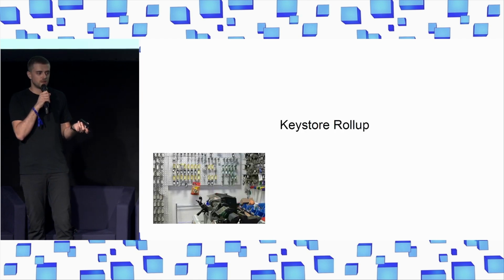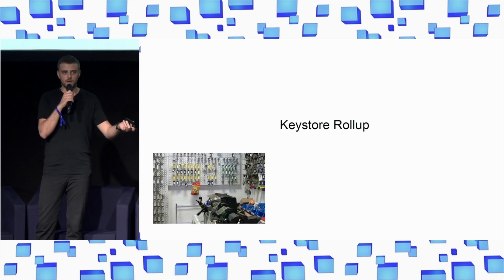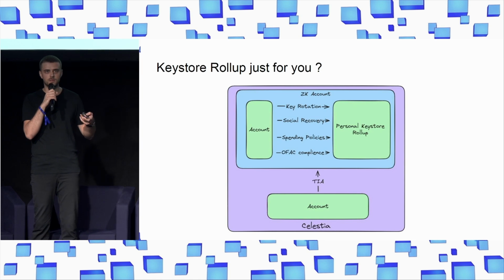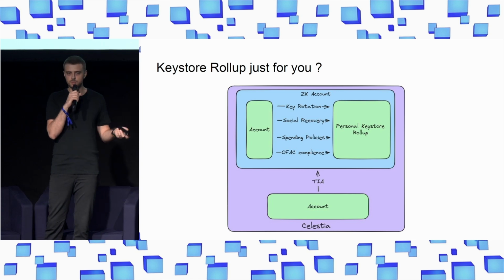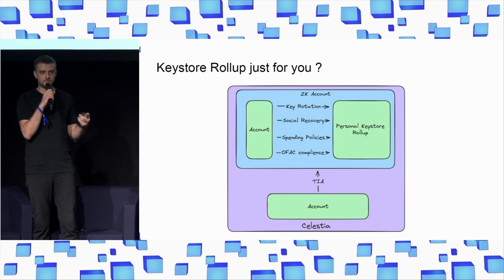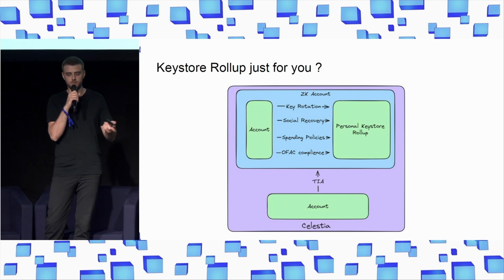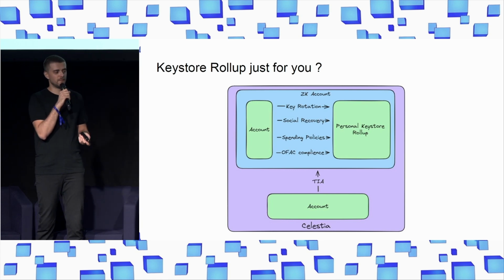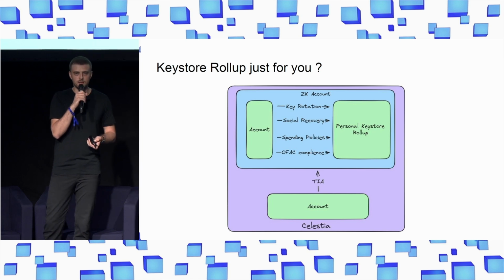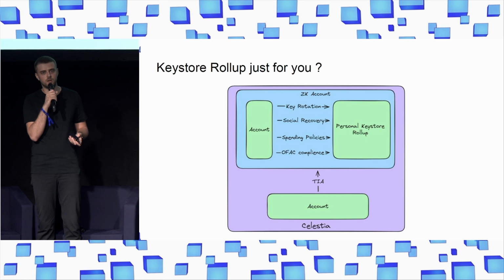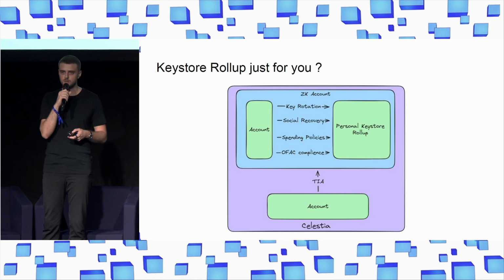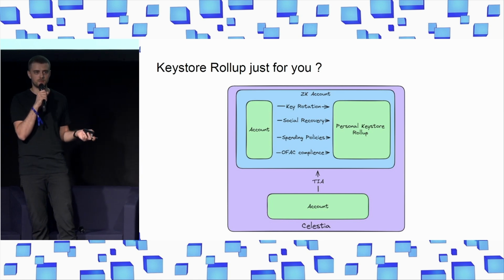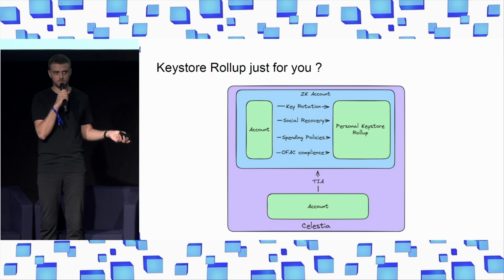And one example could be a key store rollup. You can add all kinds of things that you would want in a key store rollup, right? Key rotation, social recovery, spending policies, or you can prove that you're OFAC compliant. And that is, I think, very powerful in the context of layer 2 fragmentation, right? You have so many rollups, and on each of them you have your own account, and they're all maybe using a different private key or the same one.